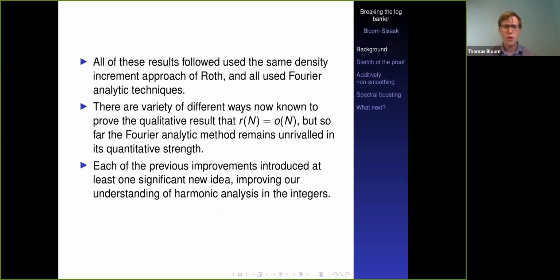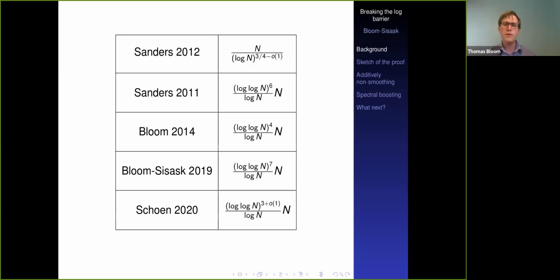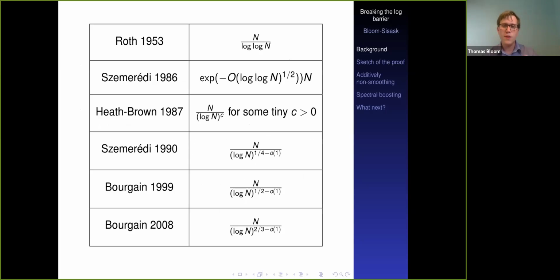And our proof is no different. We also work within this density increment Fourier analytic context. The other thing to stress is that the exact forms of these bounds are not particularly important, right? The fact that this is 2/3 rather than 5/7 or something like that.